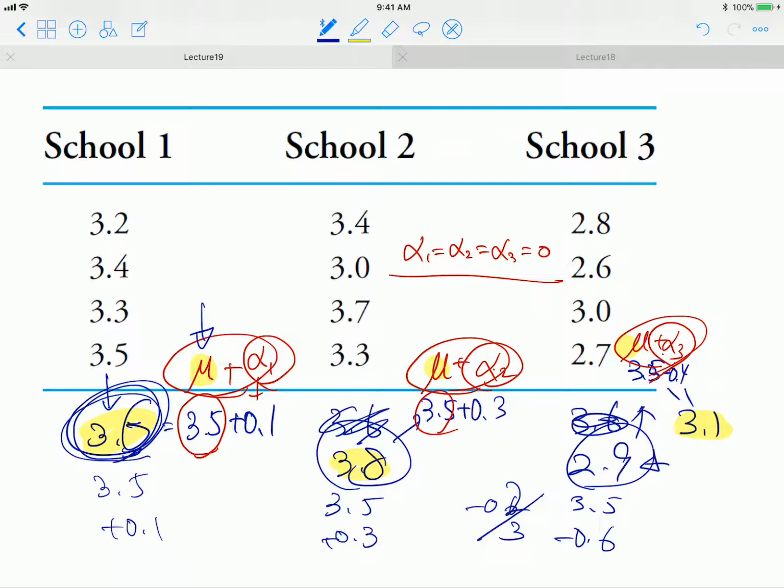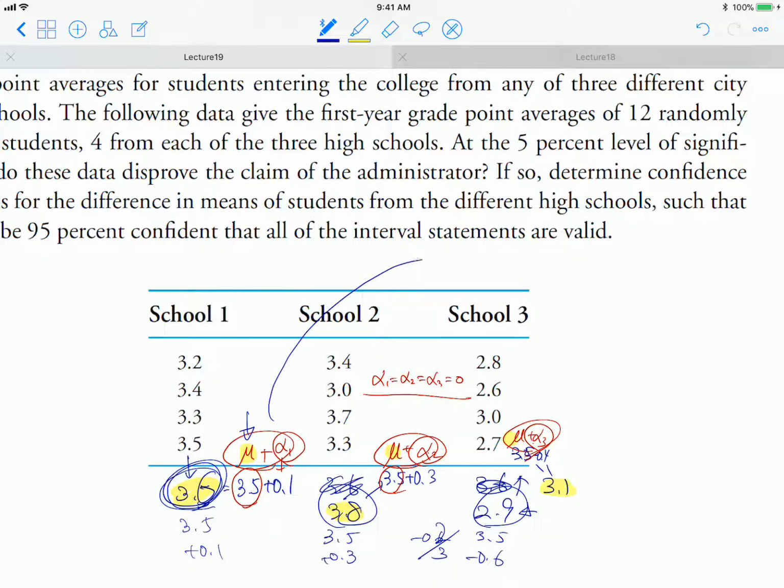And what does that mean? From this way of setting the mu value, we can always obtain this kind of equation: the sum of alpha i's, or simply alpha 1 plus alpha 2 plus alpha 3, should be 0.